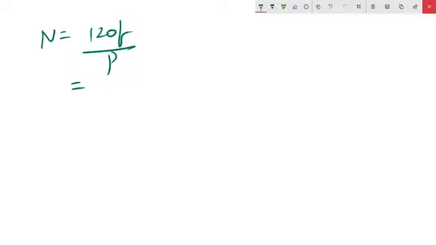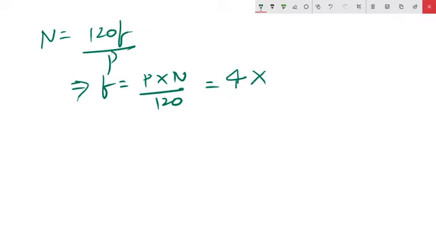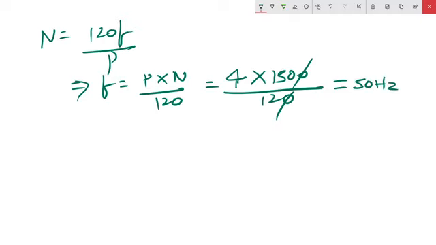They're asking for the frequency, so frequency is equal to P into N by 120. The value of P is already given, 4 poles. The N value, 1500 rpm, they have given, divided by 120. If you solve this, it will give you a value of 15 Hertz. So the answer for this question is 15 Hertz.